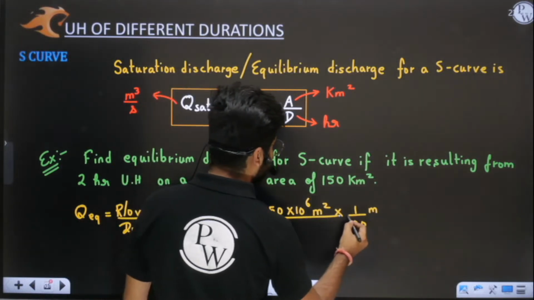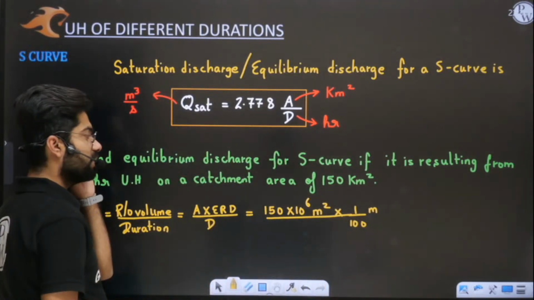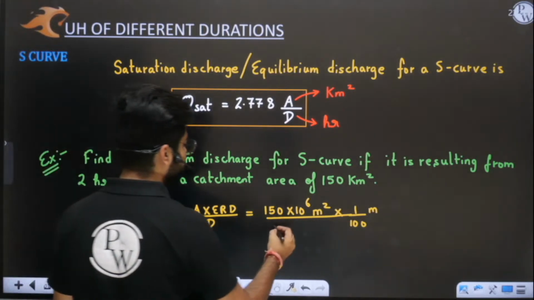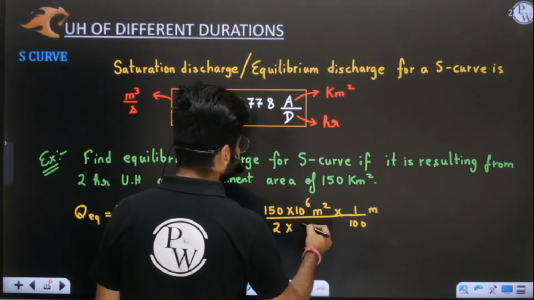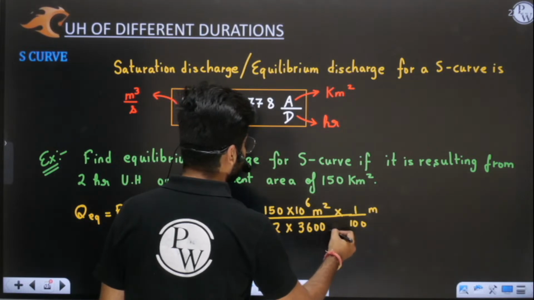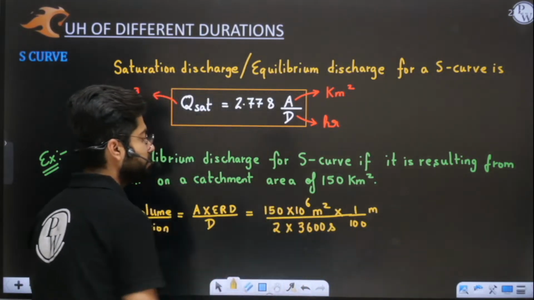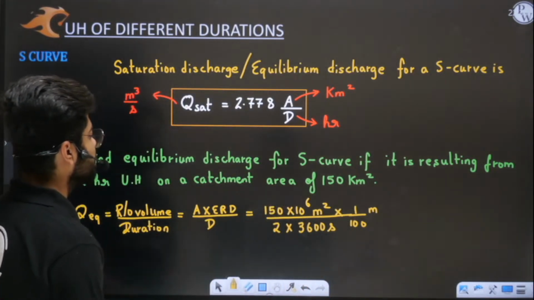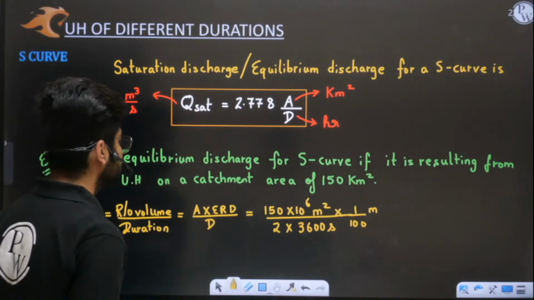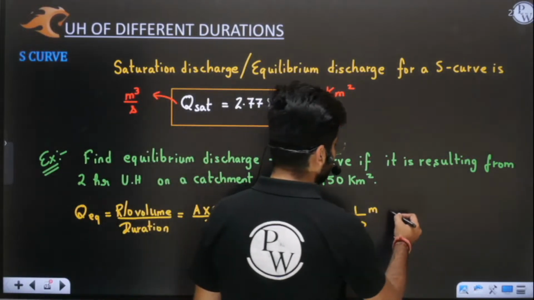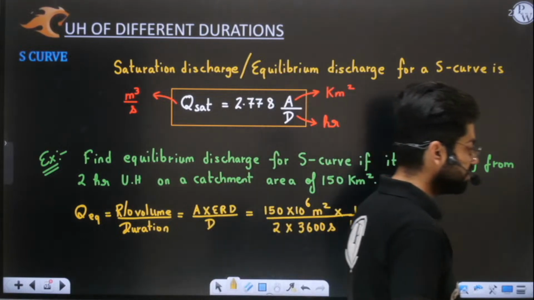Now, what else? Duration. Duration is 2 hours, so convert this 2 hour duration into seconds. We have to multiply it by 3600. Tell me what value we are getting here. Everyone tell me.